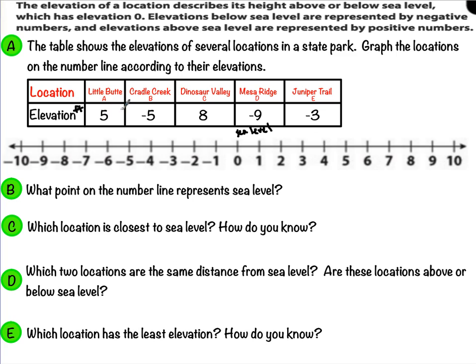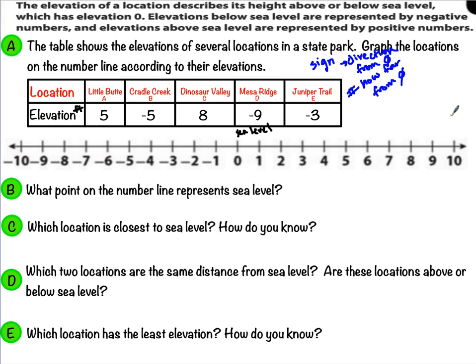Since I'm at 5 feet, you also have to remember that the sign of the number tells you the direction from 0, and then the number tells you how far from 0. So everything is in regards to 0.